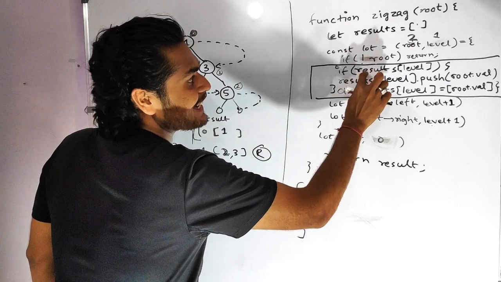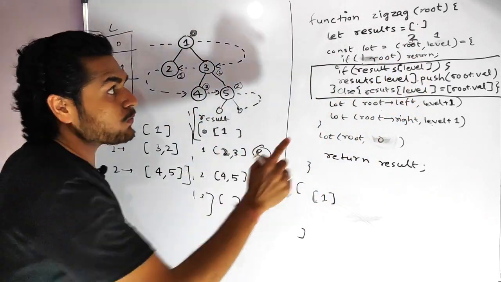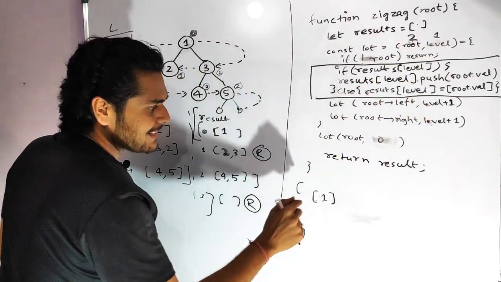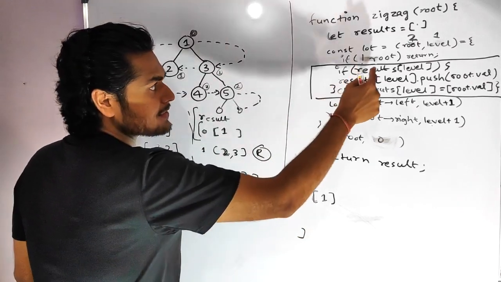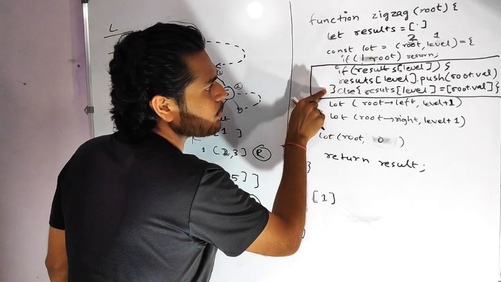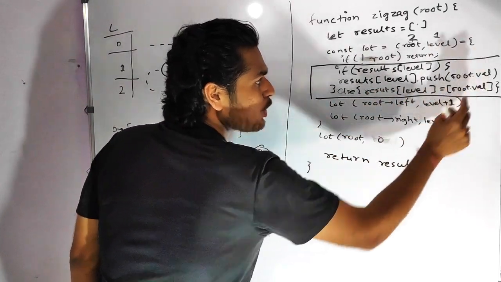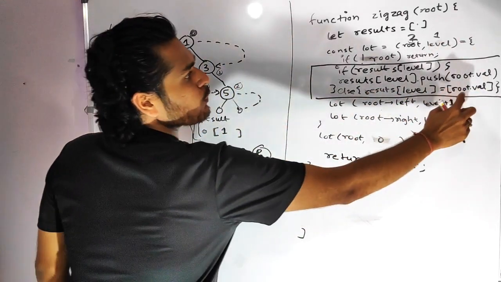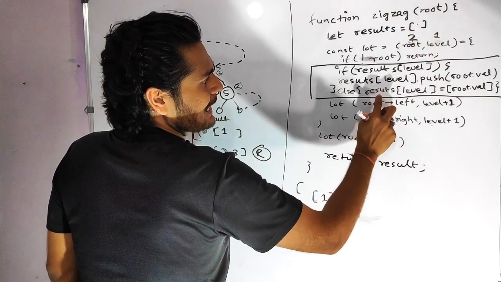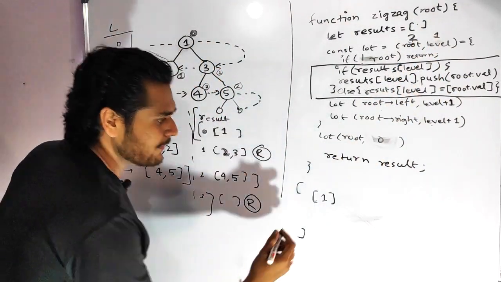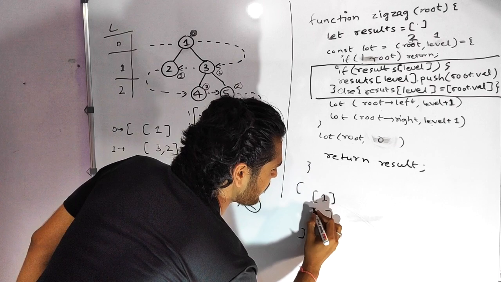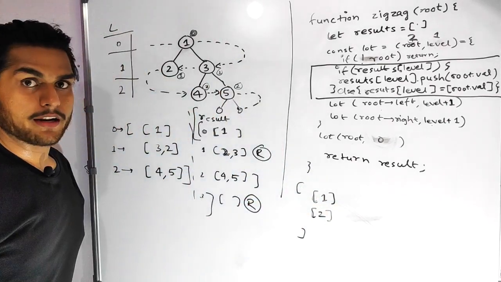We see if results of 1 exists. No, it does not exist, so it is undefined and this condition will fail. It will go to else condition, results of 1 equal to root.val. The root.val over here is 2, and results of level we will create because it was not there, and we will put 2 over here.